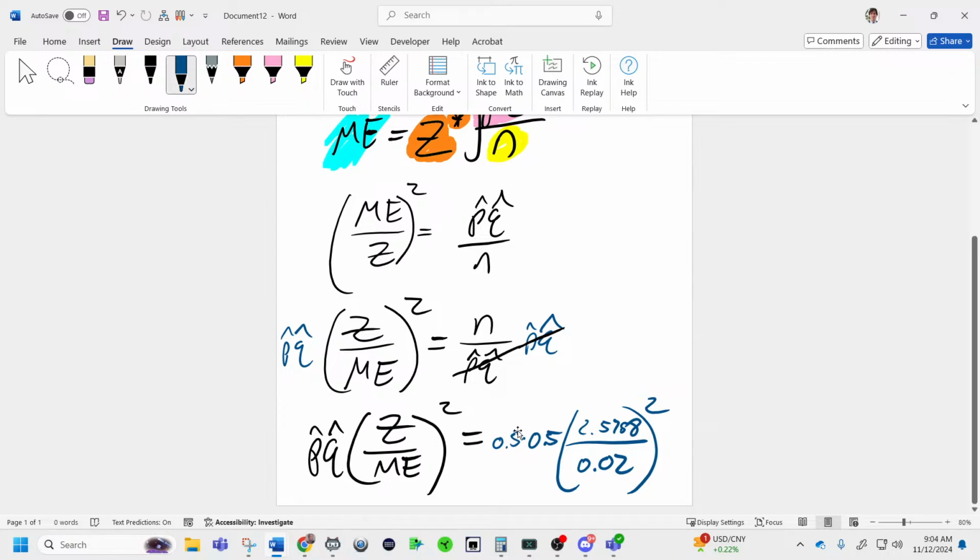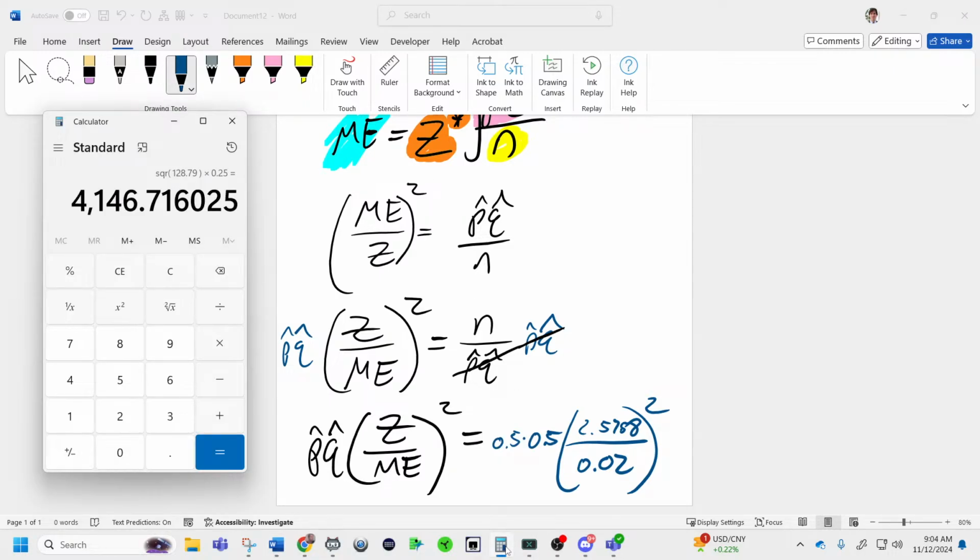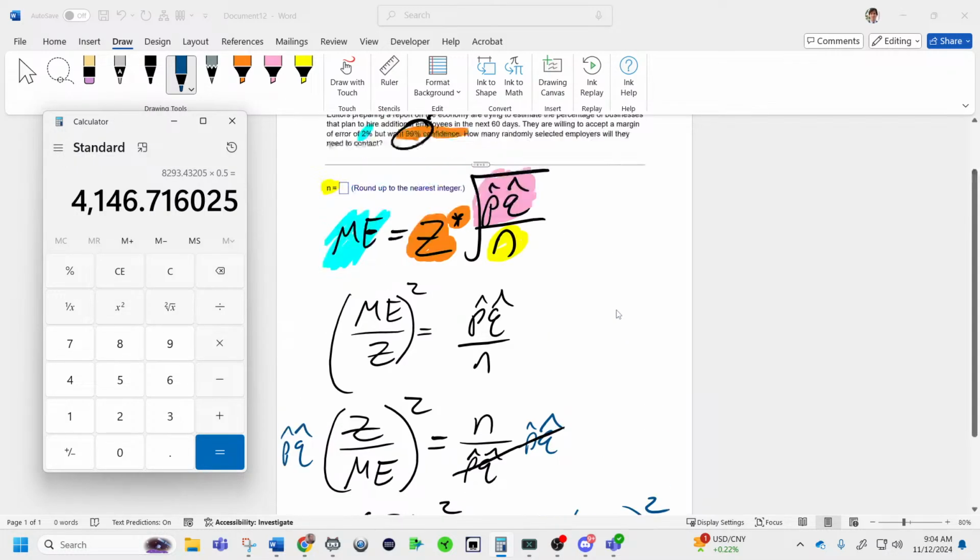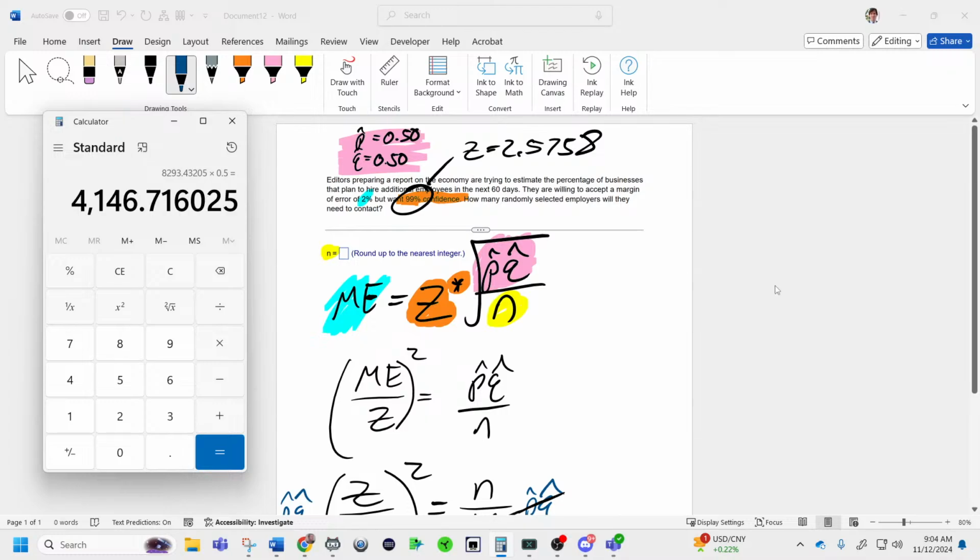That's what you're seeing me solve for n, which I solved originally as 2.5758 divided by 0.02. Square this number, times 0.5, times 0.5, and there you go. Then make sure to round up, and you should get it. There's the equation, and it's all based on the margin of error formula.